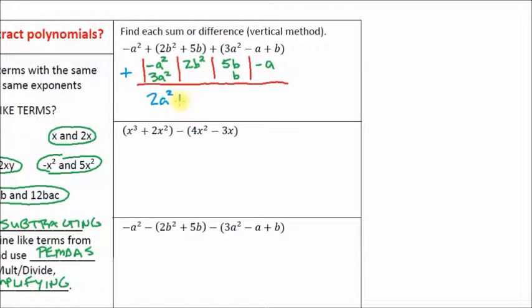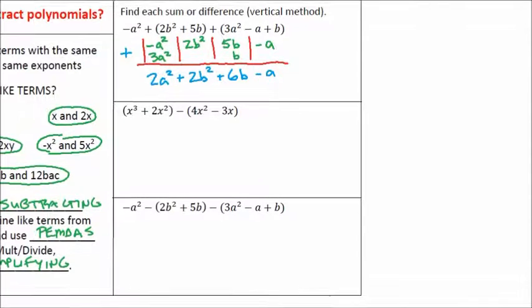The 2b squared doesn't change, and since that's a positive number, we write a plus. 5b plus b is 6b. And negative a stays by itself. And there is the answer, 2a squared plus 2b squared plus 6b minus a, using the vertical method. Let's do another one.